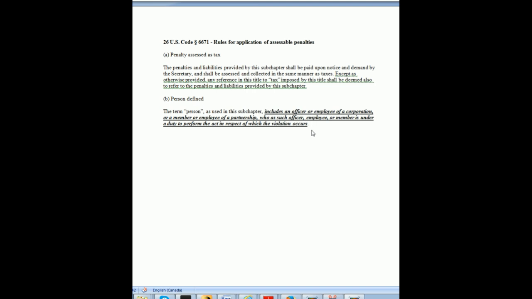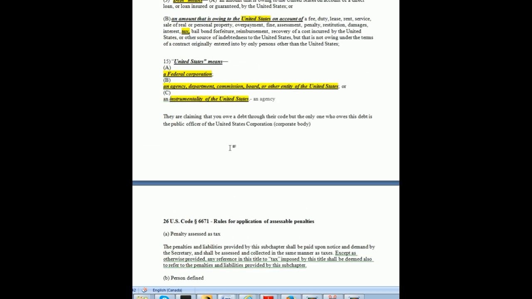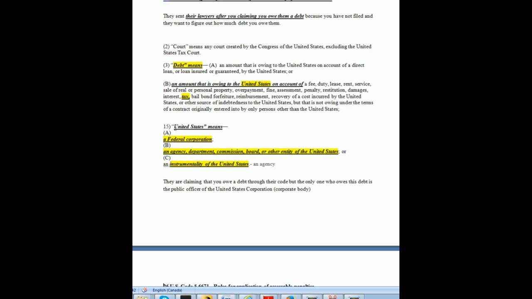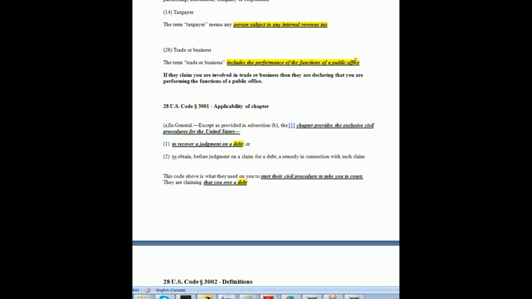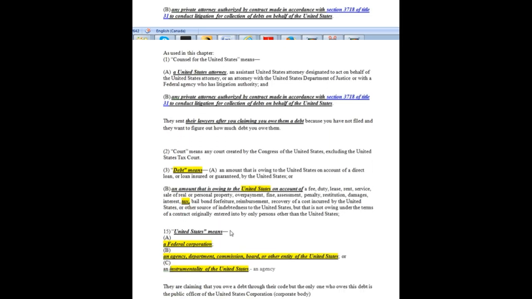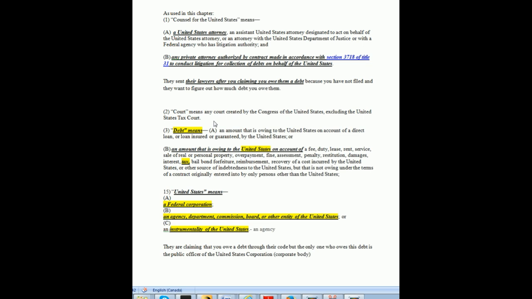So here you go, the lawyers and their wonderful words and their wonderful legalese to try and confuse the average individual. The only one who owes a duty to perform this act, the U.S. Code, is the one who is incorporated into the United States, the one who's operating as a public officer in a public office, partaking in trade and business under this code that the IRS uses to try and force a contribution.